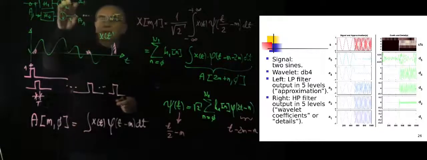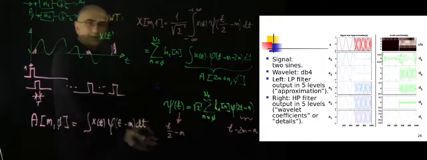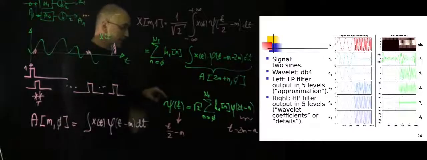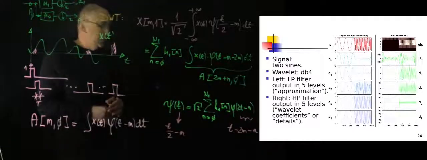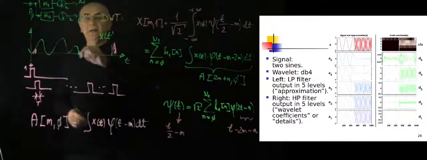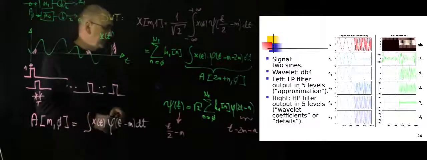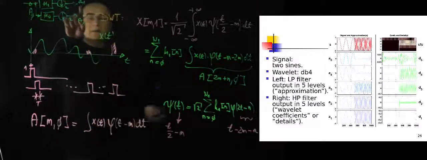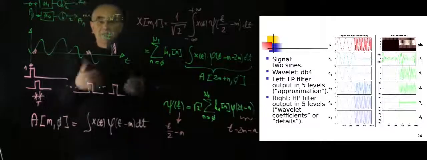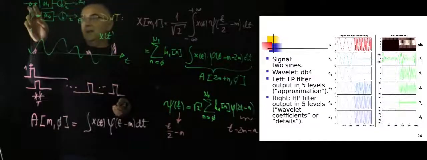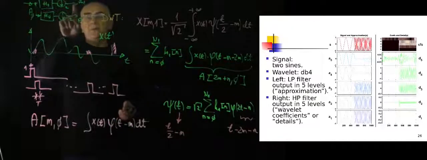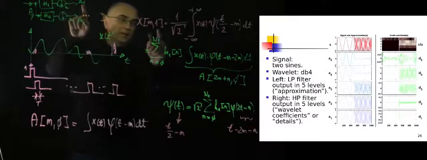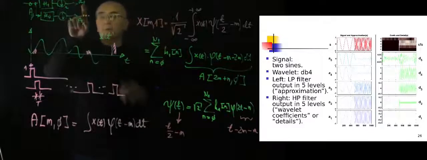Actually, the decomposition starts from the bottom up. The bottom row corresponds to D1 and A1 coefficients. As you can see, D1 is almost empty. If we put two sines right here, we have a lot of zeros in the details, the wavelet coefficients of the first level of decomposition.